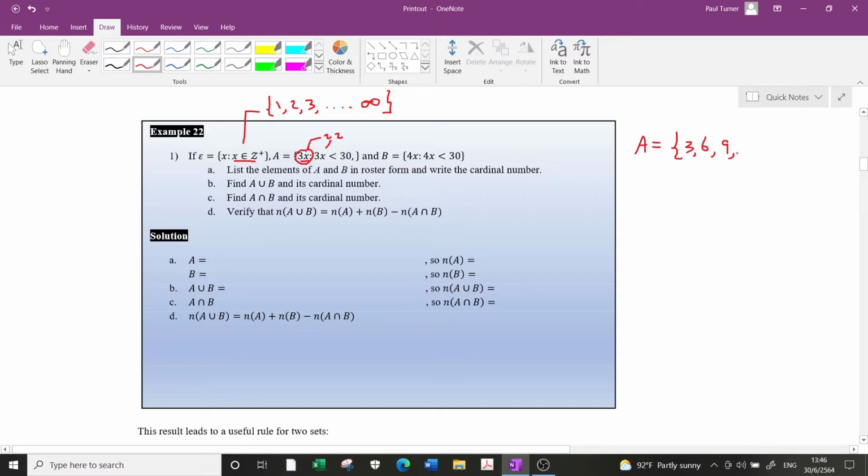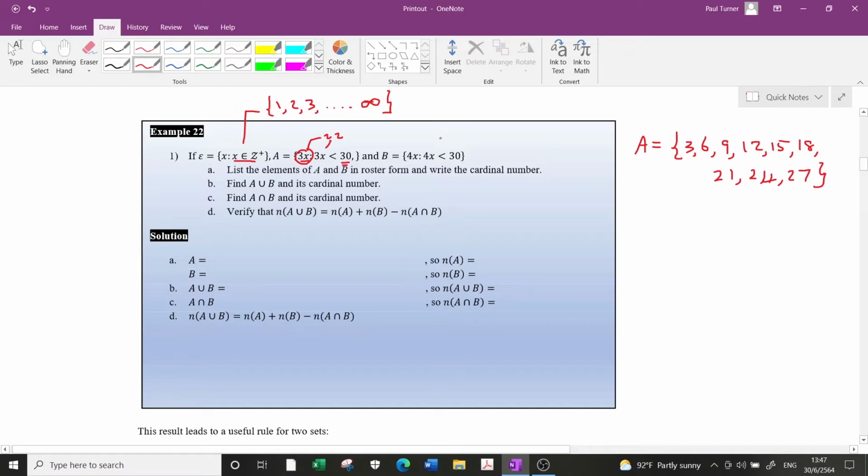So we'll go 3, 6, 9, 12, 15, 18, 21, 24, 27. And we don't go up to 30 because this says less than 30. So this is really just the multiples of 3.